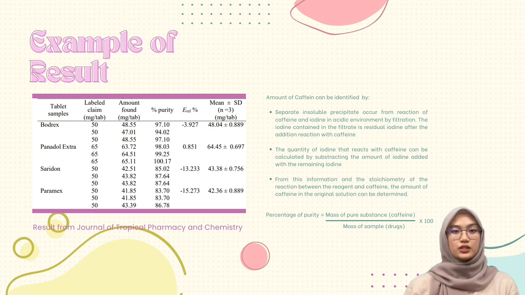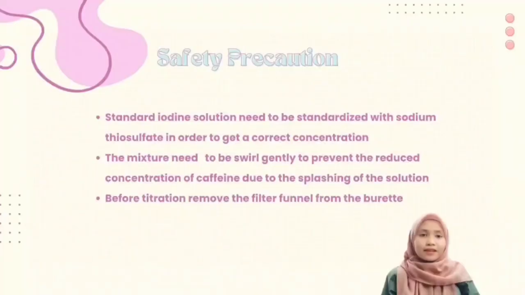From this information and the stoichiometry of the reaction between the reagent and caffeine, the amount of caffeine in the original solution can be determined. And the percentage of purity can be determined by this formula, which is mass of caffeine divided by mass of drugs times 100.